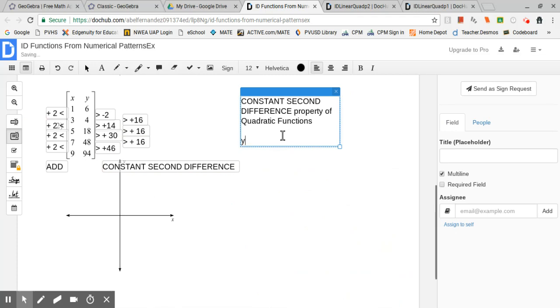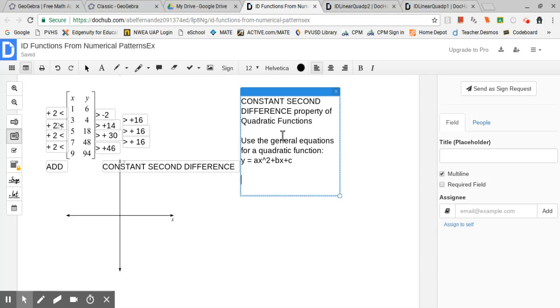First of all, we're going to use y equals ax squared plus bx plus c. That's our general equation for a quadratic function, which is what we just wrote.